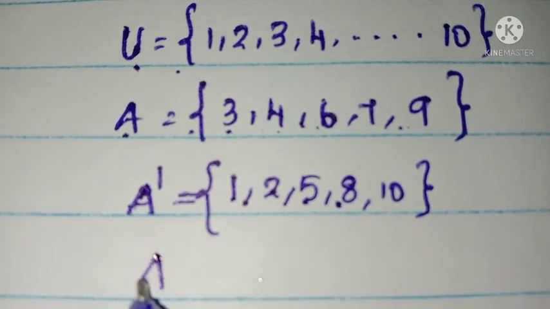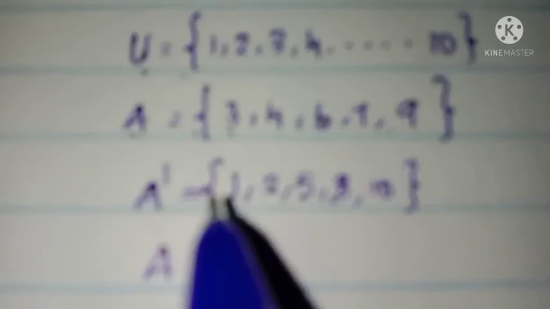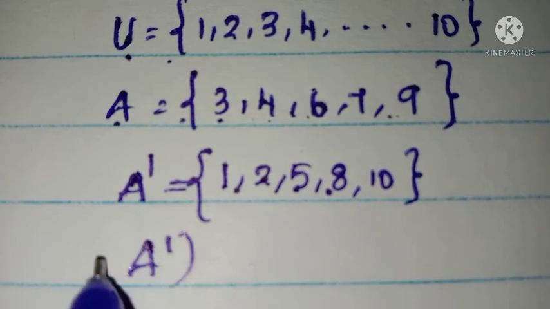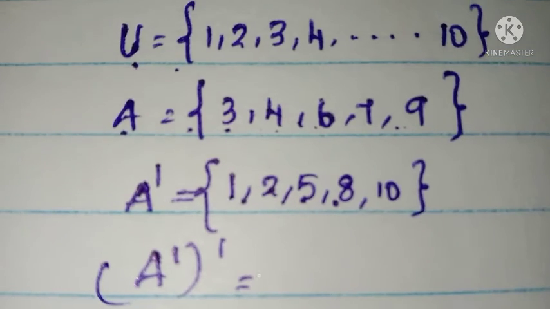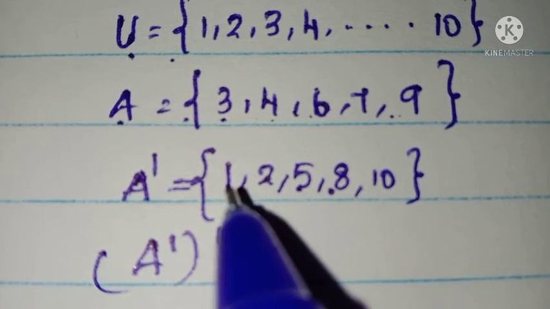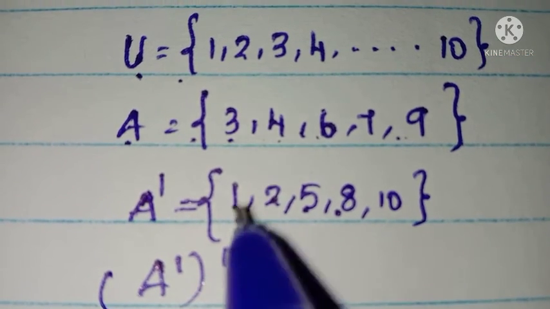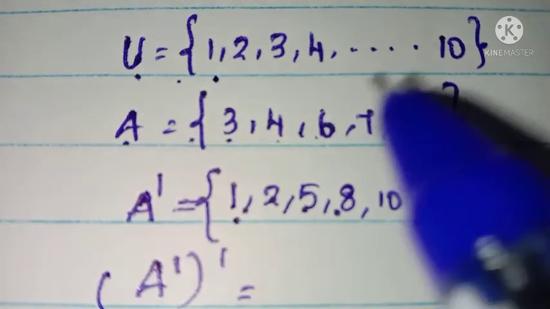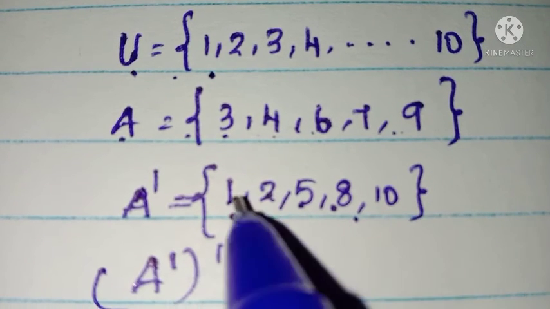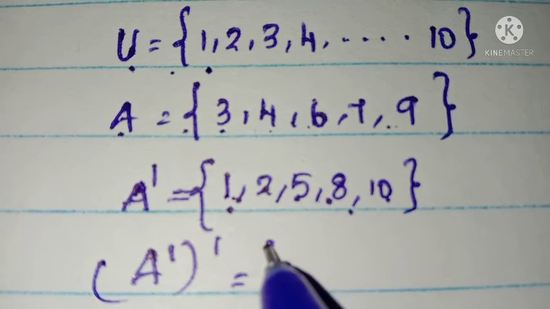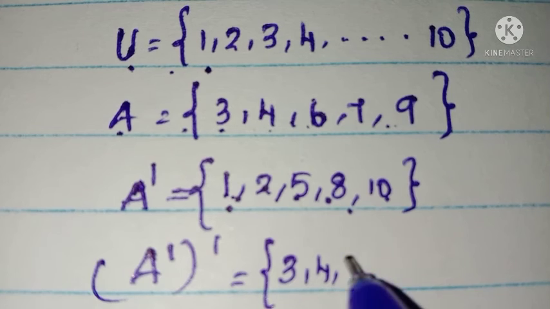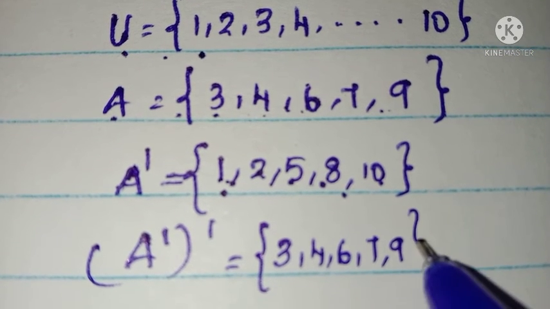Now again find the complement of this complement set, that is A complement complement. We want to see the complement of this complement set. So this is A complement. Listen, from the universal set, we need to eliminate or subtract or remove these elements, then write down the remaining elements. The remaining elements are 3, 4, 6, 7, 9.